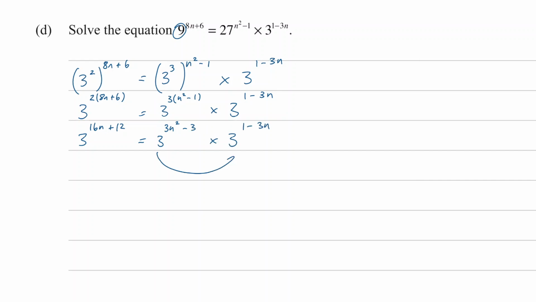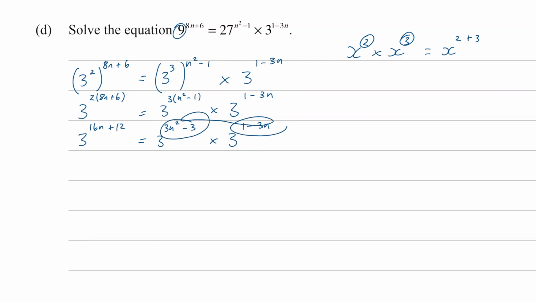When we multiply exponents with the same base, we add the powers. So maybe more familiar to you is x squared times x cubed. That becomes x to the power of 2 plus 3. In this scenario, instead of x as our base, we have 3, and instead of to the power of 2 or 3, we have these expressions, but exactly the same thing.